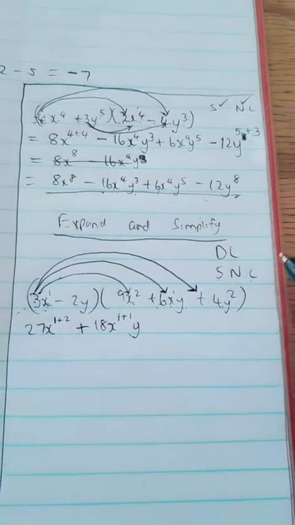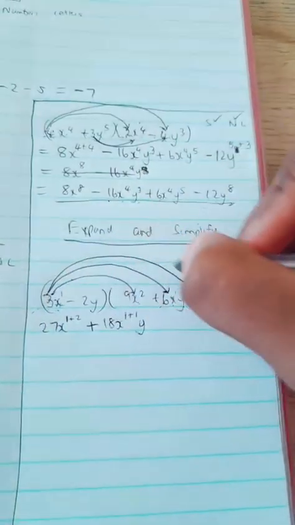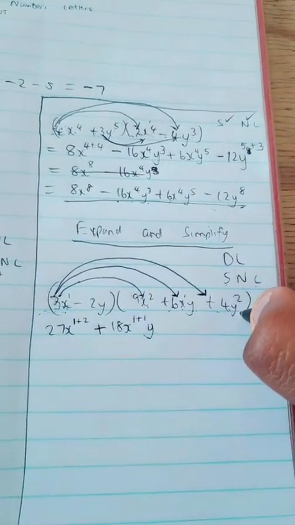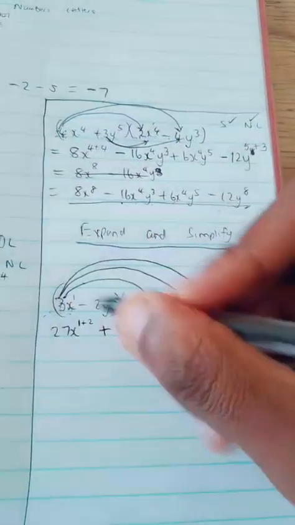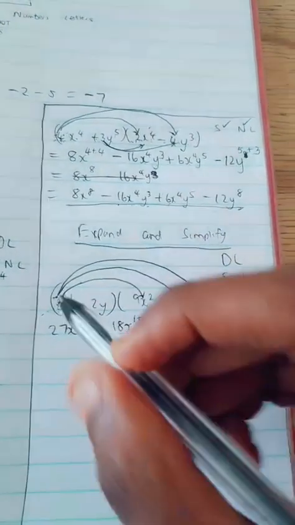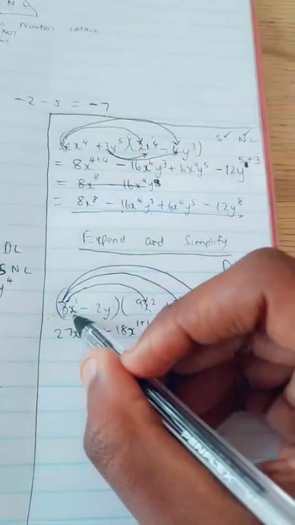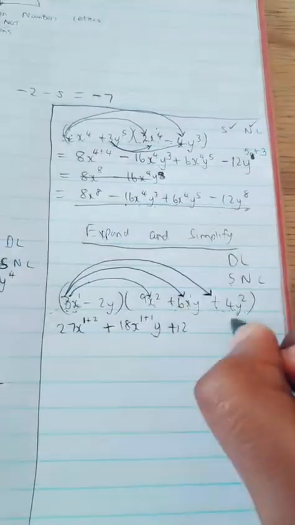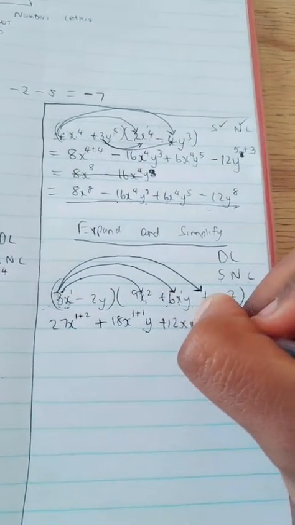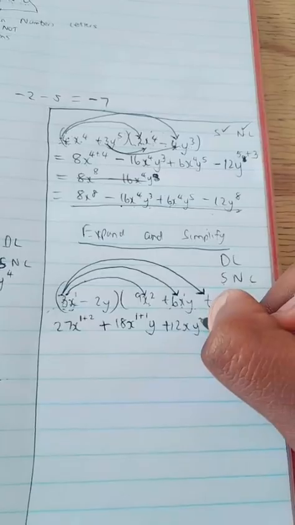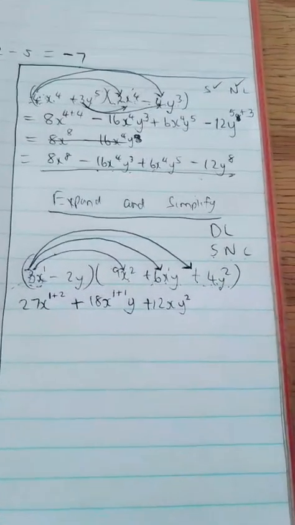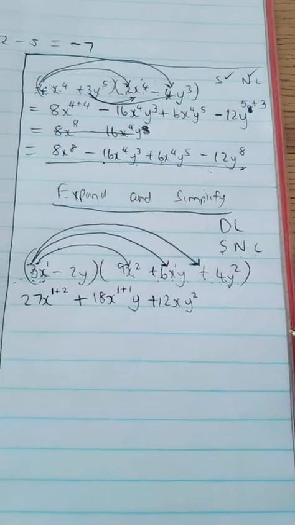I love it. 3x we distribute to plus 4y squared. Positive times a positive, keep positive. 3 times 4 number, keep 12. X times y squared, different variables next door to each other. 12xy squared. We good?